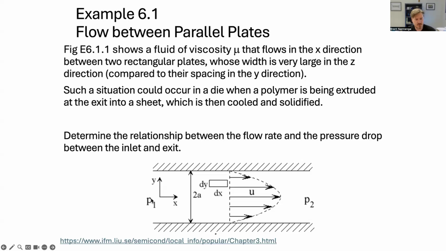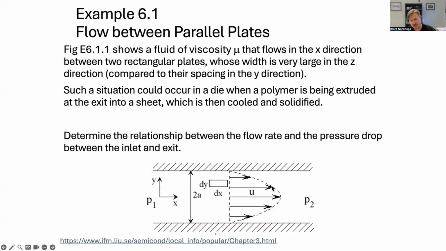So here's the pressure drop: there's going to be higher pressure here and low pressure here, and that's what's pushing the fluid this way. We're going to determine the relationship between the flow rate and the pressure drop, and then determine the velocity flow profile. If you remember before, we've got no-slip conditions at the plates. Since the plates aren't moving, the velocity will be 0 here, reach its maximum somewhere in the middle, and go back to 0 down here.